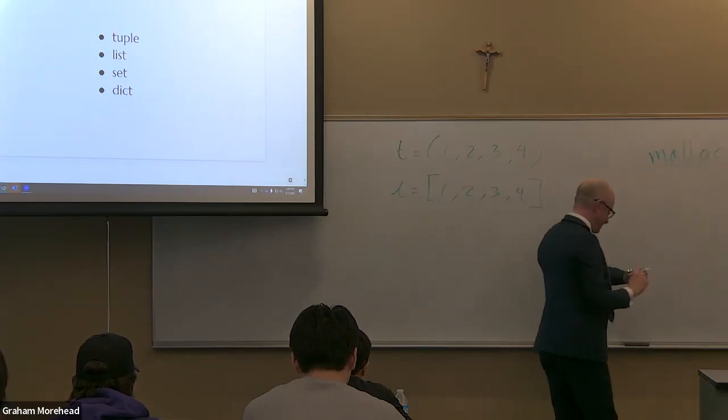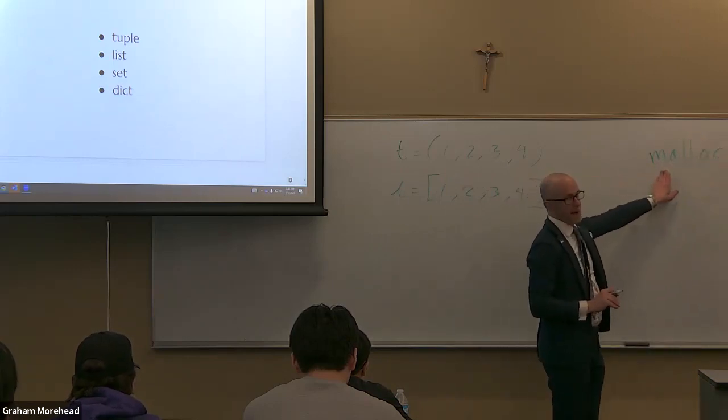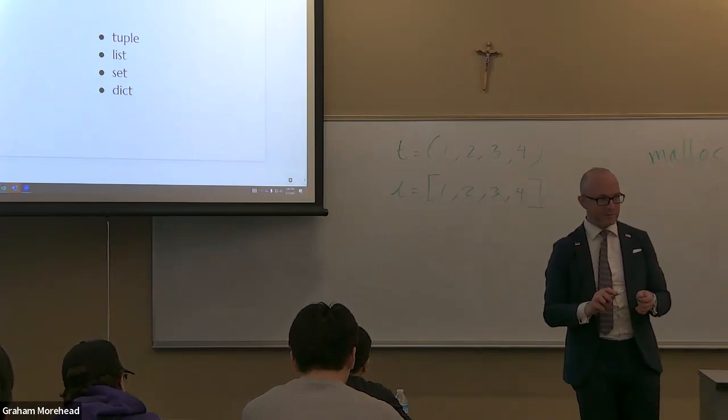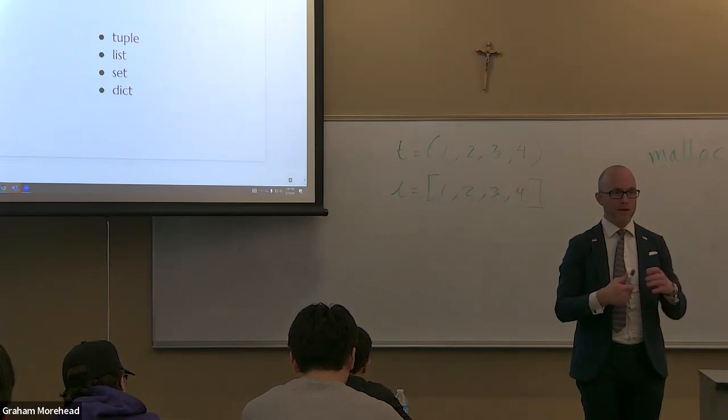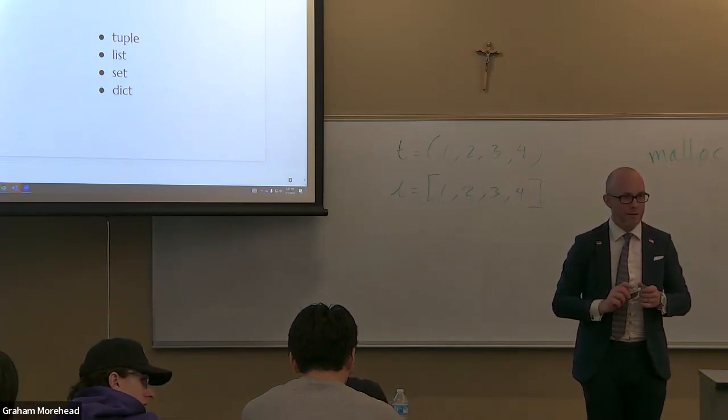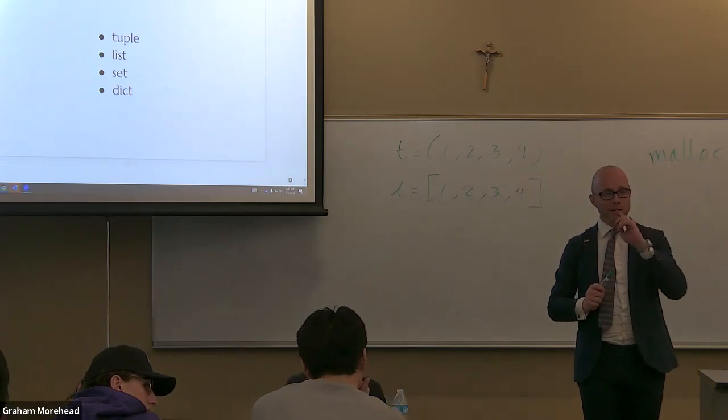So in the old days of C, we always had to do mallocs, memory allocations. It's just sort of similar to how we branches references.